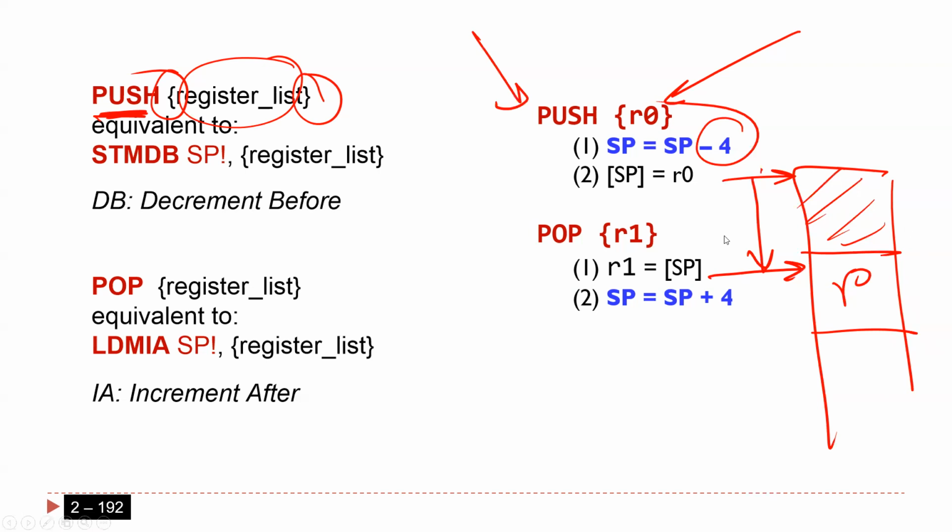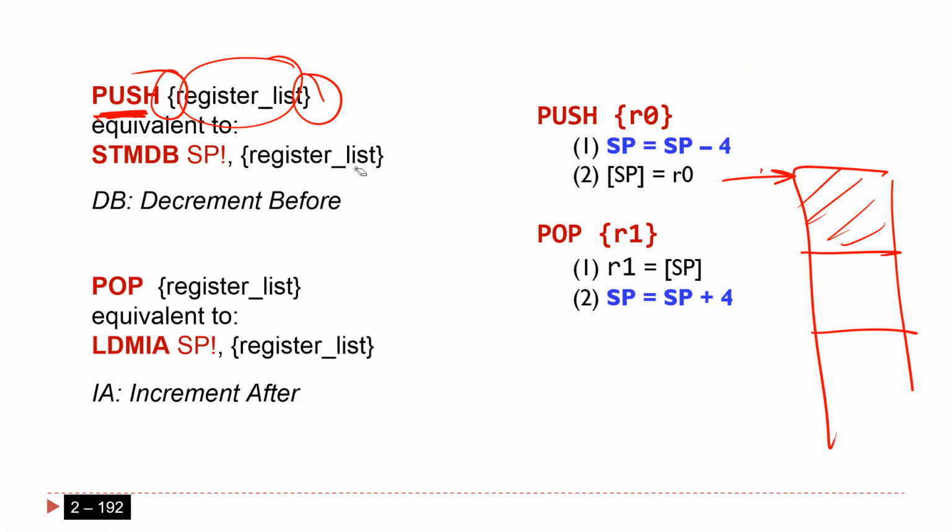So as you see here, when you write push R0, this instruction actually is going to do 2 things. It's going to decrement the stack pointer to point to a new location, and then it's going to store whatever is in R0 in this location.